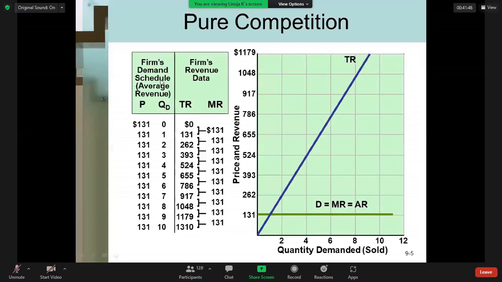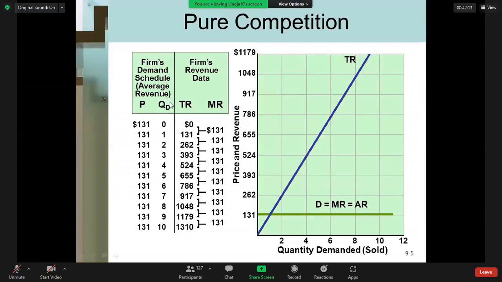So usually this is the price, right? This is price 131, and the quantity demanded is this value 0, 1, 2, 3. Then you can find the total revenue by multiplying P into QD, price into quantity demanded.